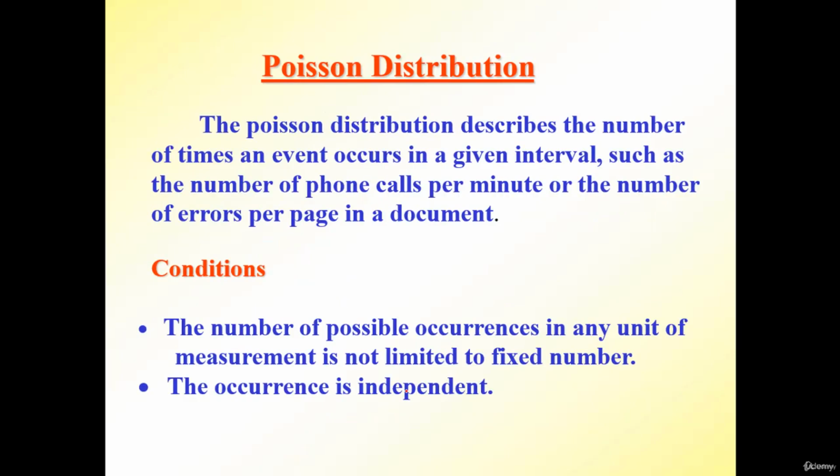The Poisson distribution describes the number of times an event occurs in a given interval, and it can be used in simulating the number of phone calls per minute or the number of errors per page, and so on. So if we have a simulation model of communications or phone or networking capacity, we define the number of phone calls per minute.